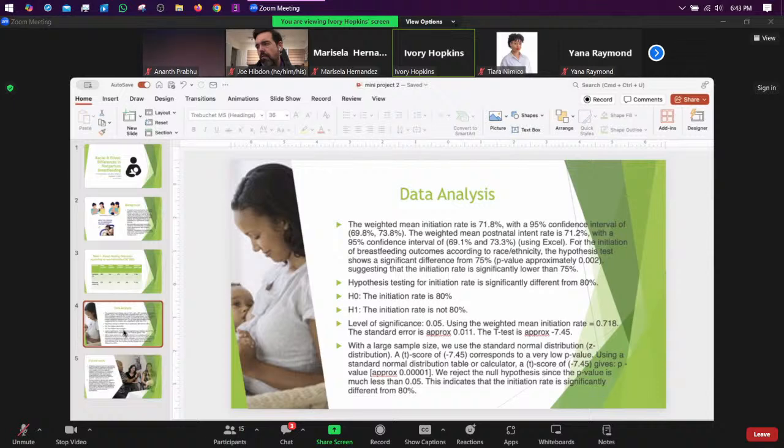For initiation of breastfeeding outcomes according to race and ethnicity, the hypothesis shows a significant difference for up to 75%, with a p-value of approximately 0.002, suggesting that the initial rate is significantly lower than 75%.